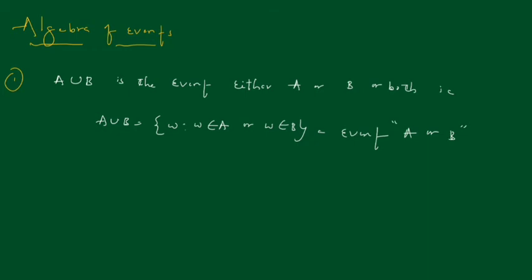By using set operations on events in the sample space S, we have obtained other events in S. So A and B are the events in the sample space.